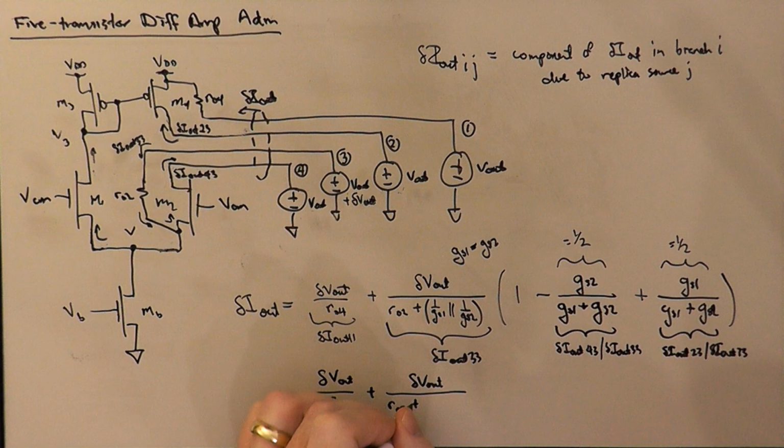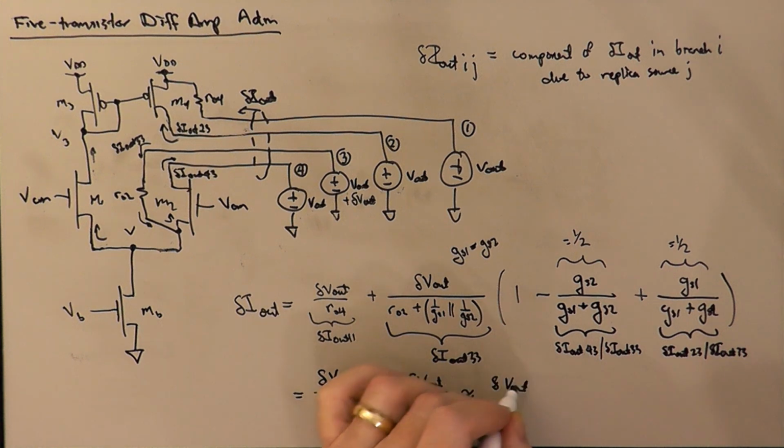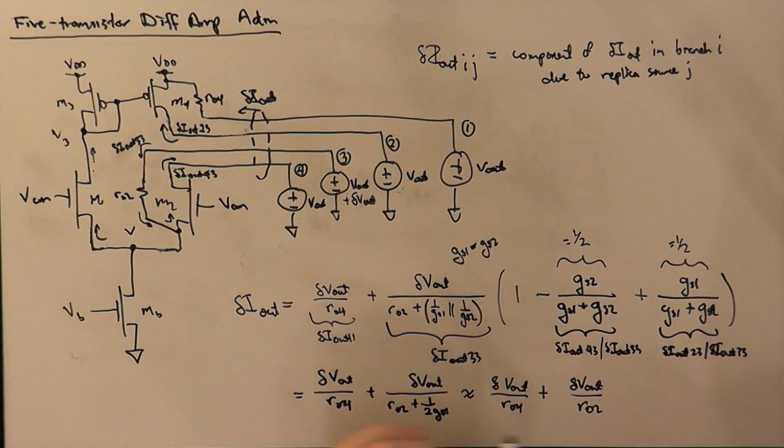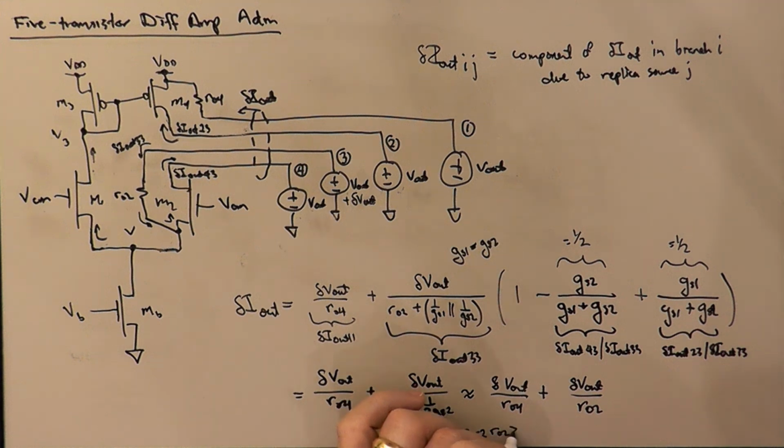And this is going to be approximately delta V out over RO4 plus delta V out over RO2. This follows if GS2 RO2 is much greater than 1.